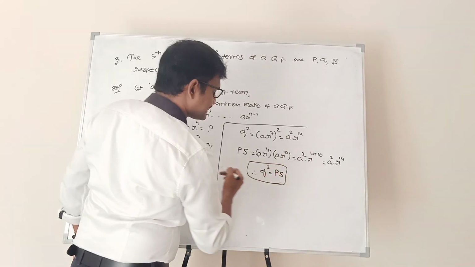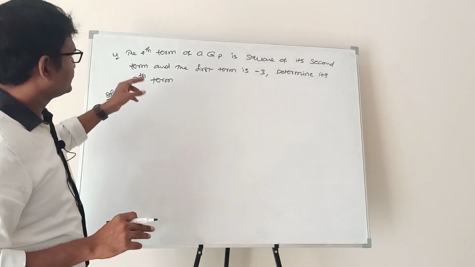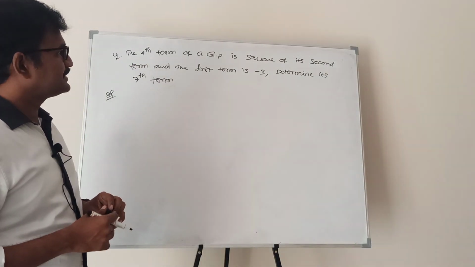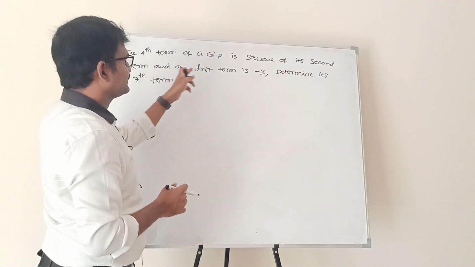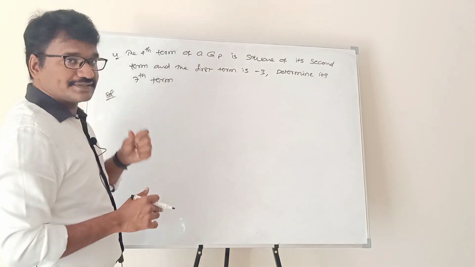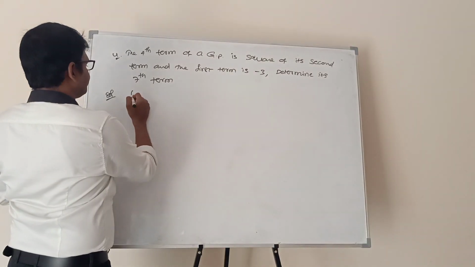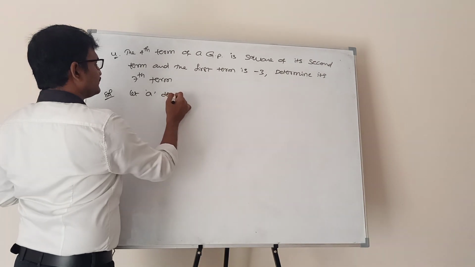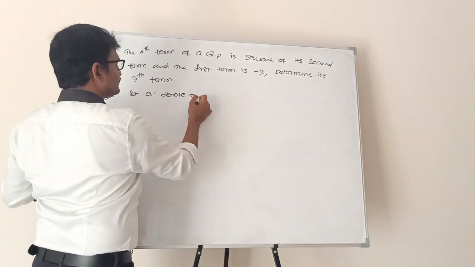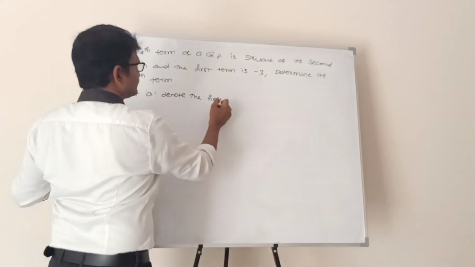Fourth problem. The fourth term of a GP is the square of its second term, and the first term is minus 3. Determine its seventh term. Let small a denote the first term.